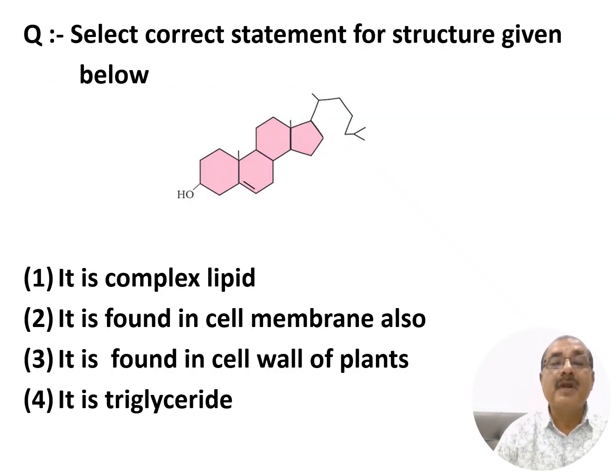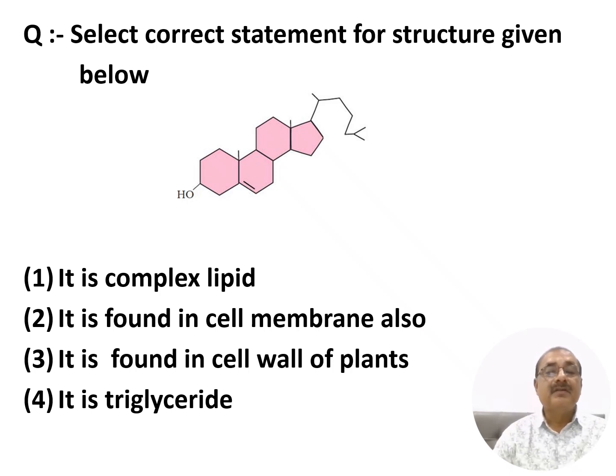Select the correct statement for the structure given below. Now whose structure is given? This is cholesterol. Let us see the options. This is a very easy question. It is a complex lipid. It is found in the cell membrane also. It is found in the cell wall of plants. It is a triglyceride.